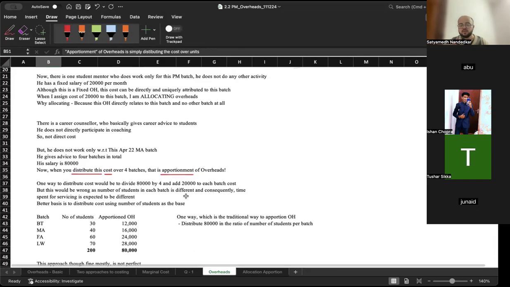Allocation was, you are not spreading it out. You know that this one student mentor was exclusively working for this batch only, so his entire cost gets allocated to that batch. That is allocation of overheads.